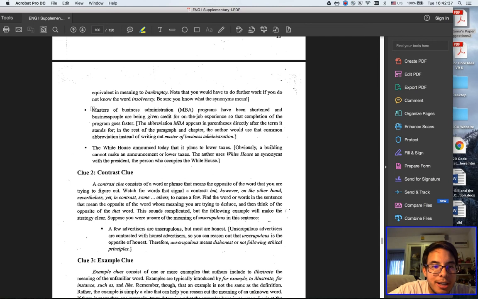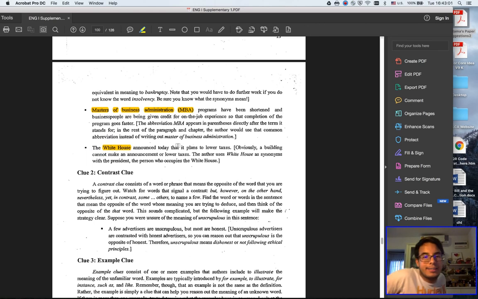The same thing with Masters of Business Administration. Notice that there's parentheses MBA. So MBA is shortened to mean Masters of Business Administration. They're synonymous.